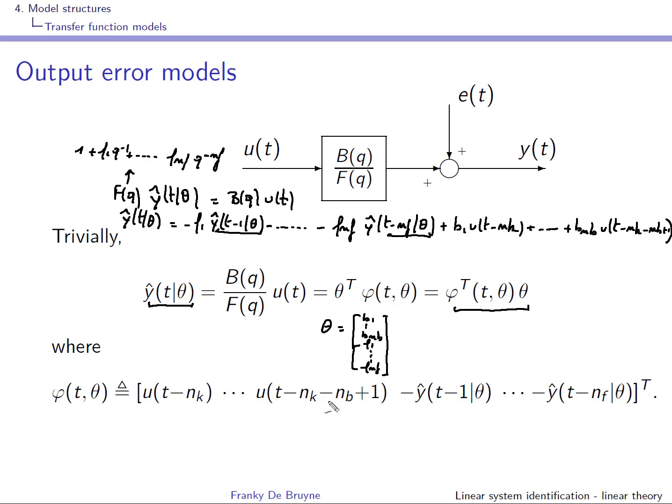So here in the regression vector what we have is the previous one step ahead predictions, okay, and obviously they depend on theta over here. Okay, so again we have this dependence of the predictor on theta, the parameters, but also in the regression vector.